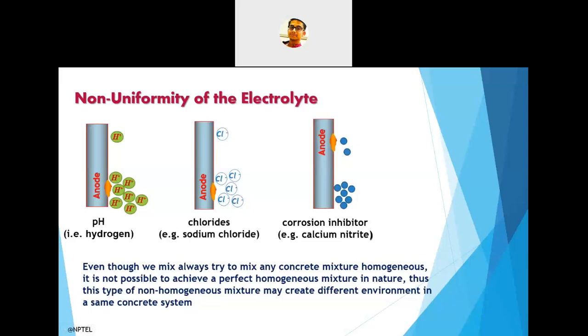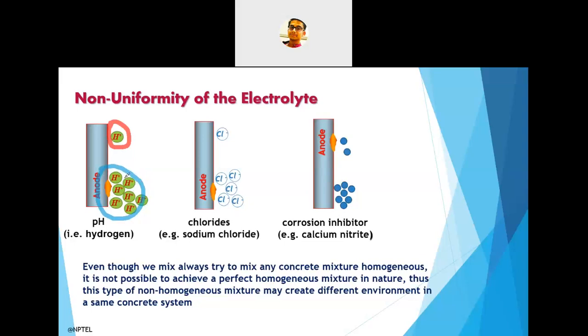Even though we do very good mixing and try to get a homogeneous mix, in real practice it is not possible to get one. In the example, if the bar embedded in the concrete system has high acidity in one part, and another part is somewhat less acidic, or more alkaline, the part which is more acidic in nature may suffer from corrosion.